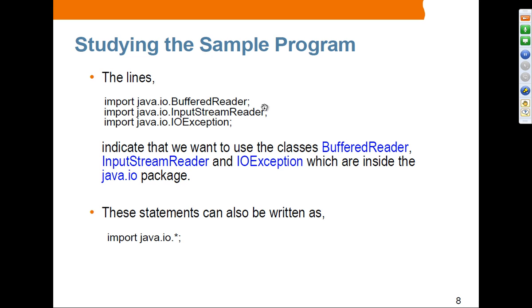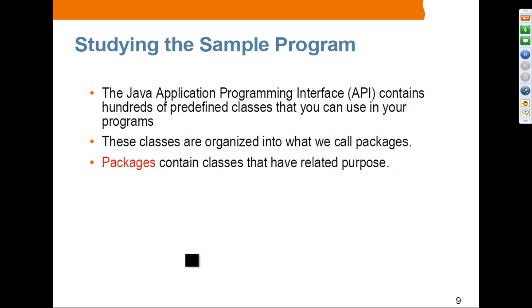For now, this is the way that we are importing the Java IO packages. Here, this is specifying individual classes for importing, but instead of these 3 lines, you can say java.io.*. That means any classes under the java.io package will be imported. Java provides hundreds of predefined classes that you can use in your program.